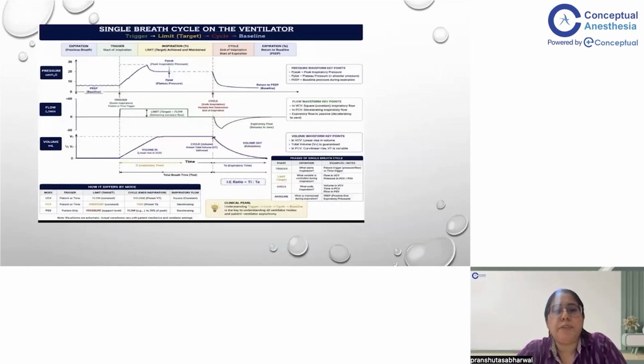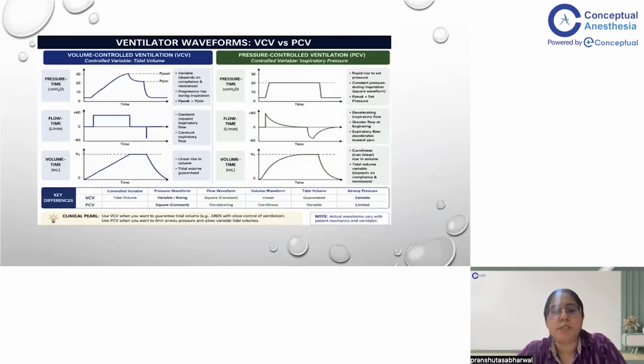Before starting, we should first be aware of the basic scalars. A scalar is anything with time on the x-axis. We have pressure, flow, and volume scalars for both volume control and pressure control ventilation.